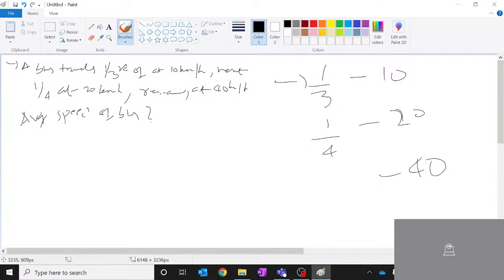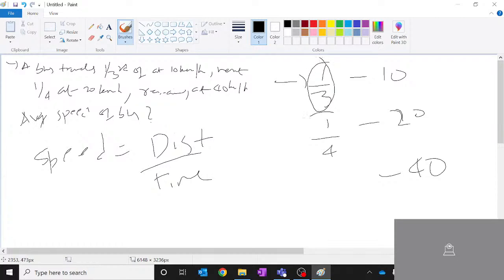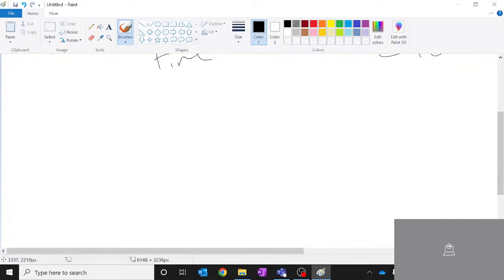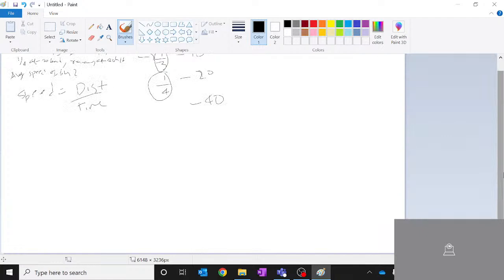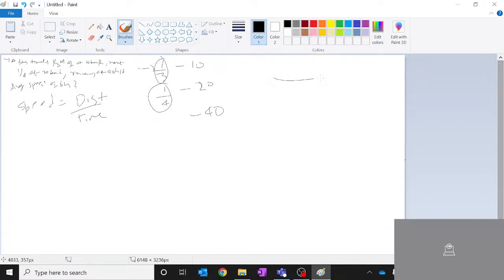Now the key concept here is, as usual, the formula remains the same. Speed is nothing but total distance by total time. Correct? But the most important variation here is, let's assume I have a straight line.